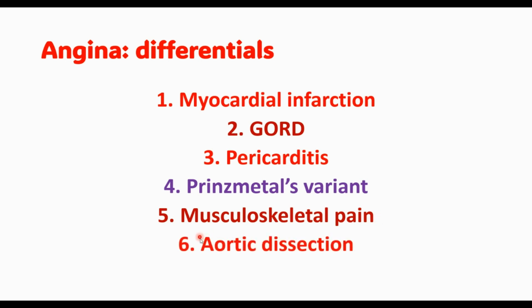And then the last differential is aortic dissection. So that's when you have tearing of the tunica intima of the aorta. But again, this would present with chest pain, but the nature of that chest pain would be different.